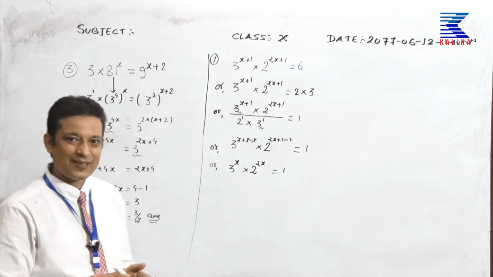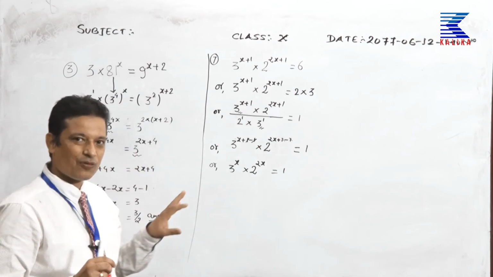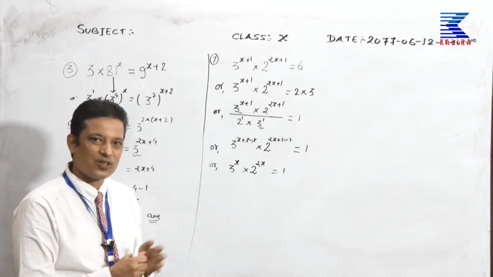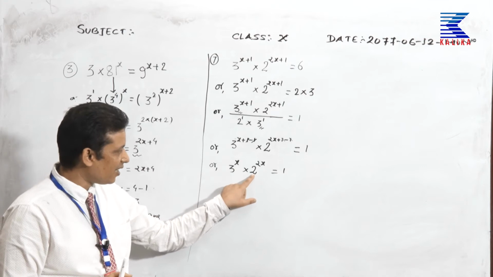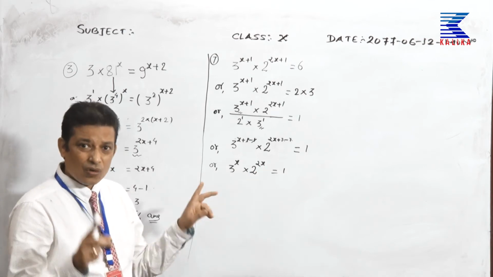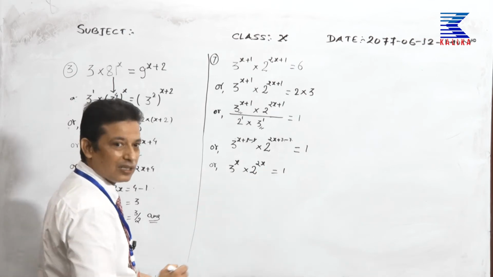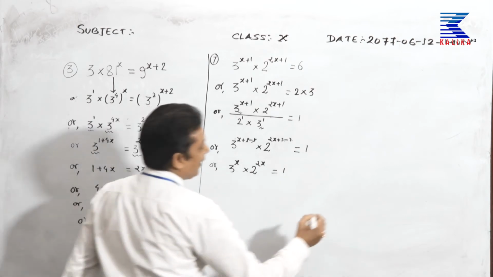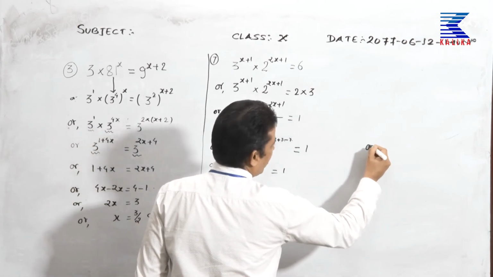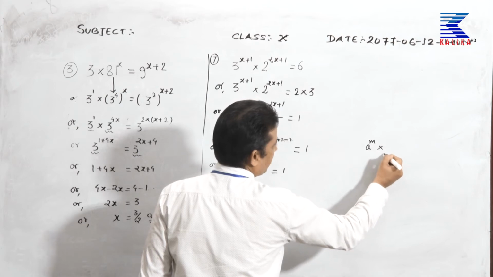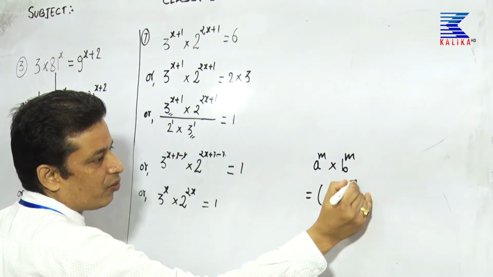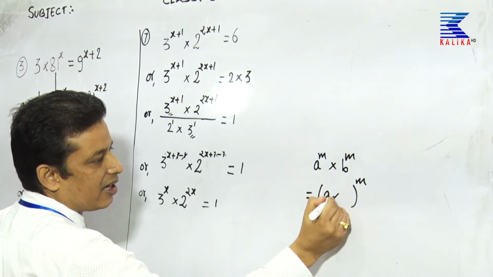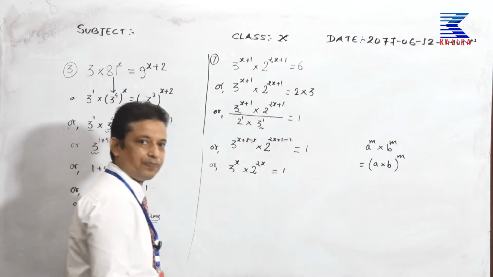Now dear student, again one more new interesting thing you are going to learn today. Here the power is x and here the power is 2x. We have a law that you know: if a to the power m is multiplied by b to the power m, then we can write this as a times b whole to the power m.